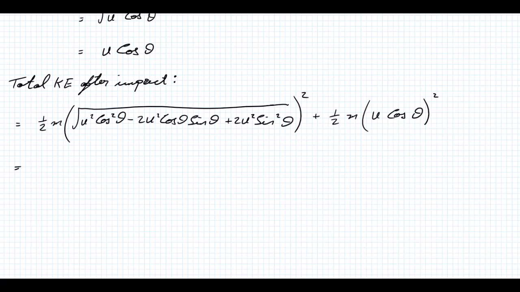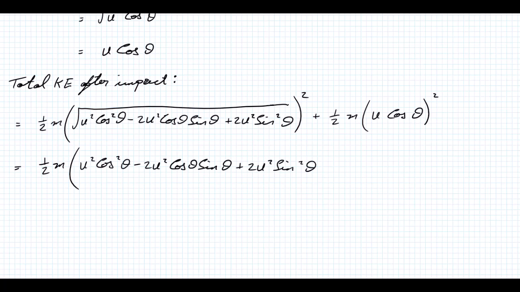I'm going to factorize out the half m first of all. Squaring this will just give us u squared cos squared theta minus 2u squared cos theta sine theta plus 2u squared sine squared theta.